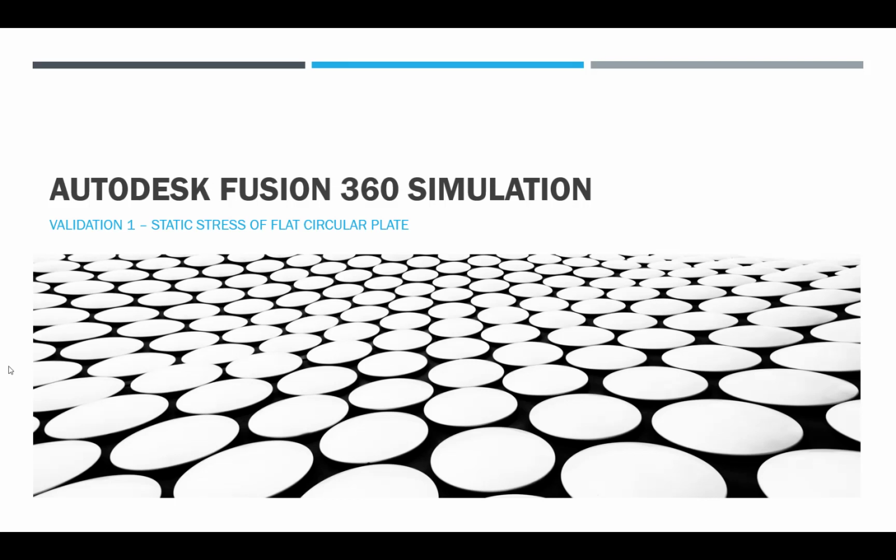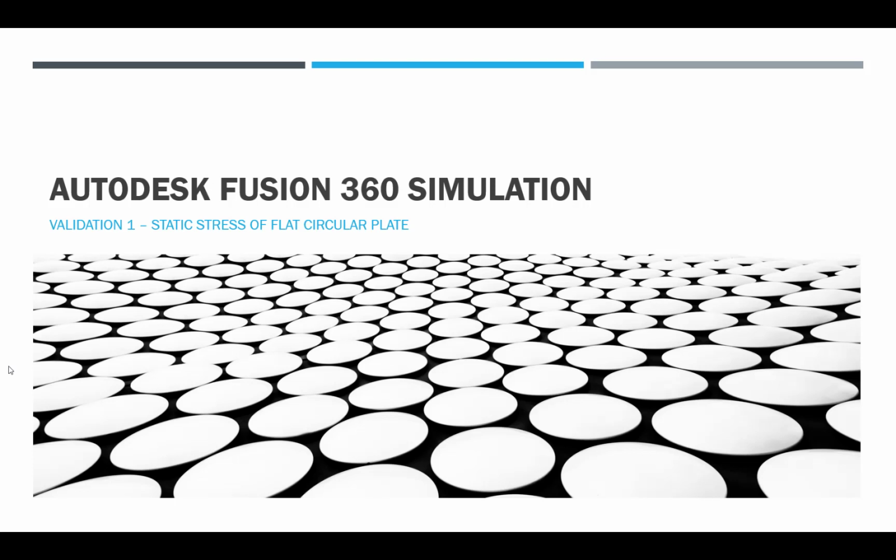The second thing that I like about the validation examples is that we know that if we set it up correctly, then what we expect of the program is to give us the appropriate results. So it's also a good way to check and make sure that the program is working correctly.